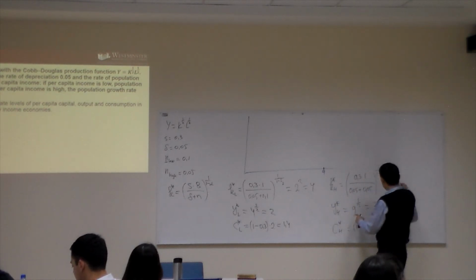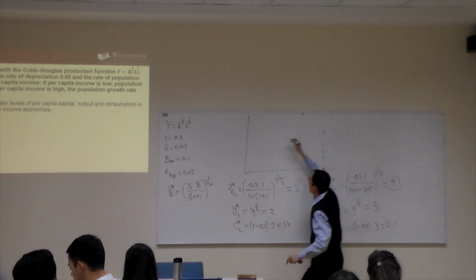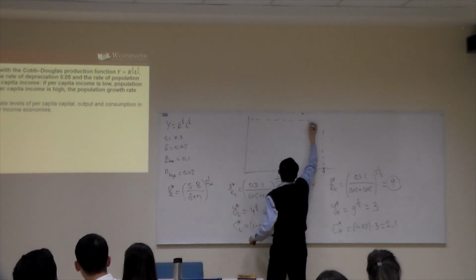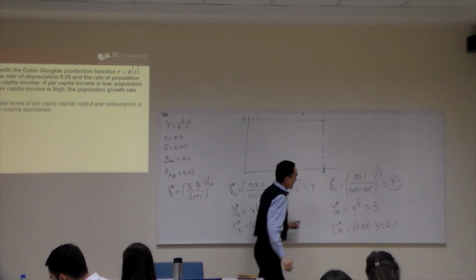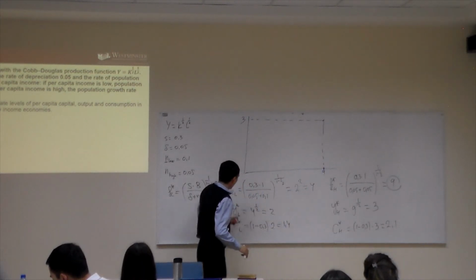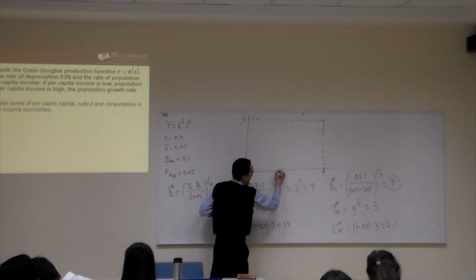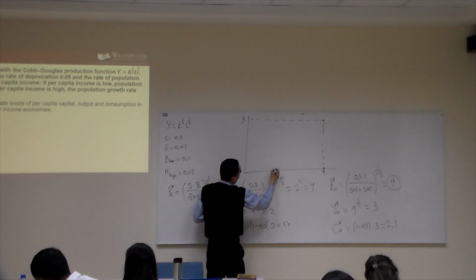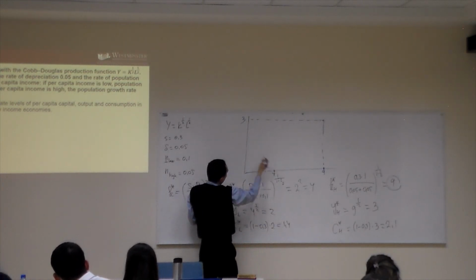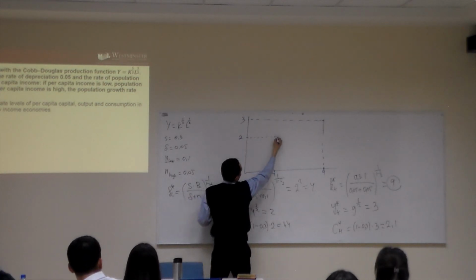And when it's 9, output is equal to 3. And for the low income country, capital is somewhere here, 4, right? And output produced with this one is 2.